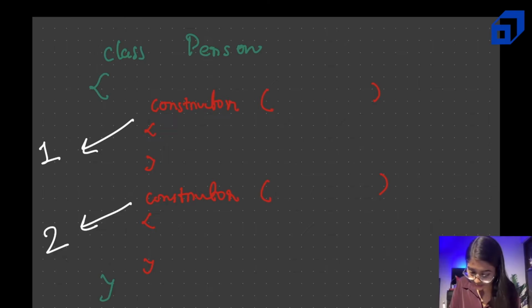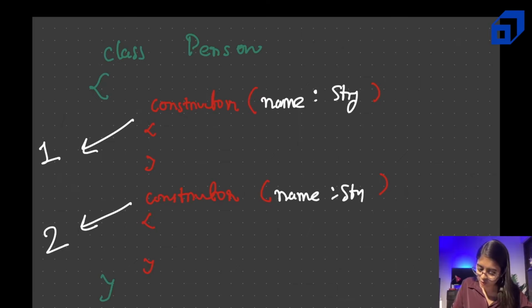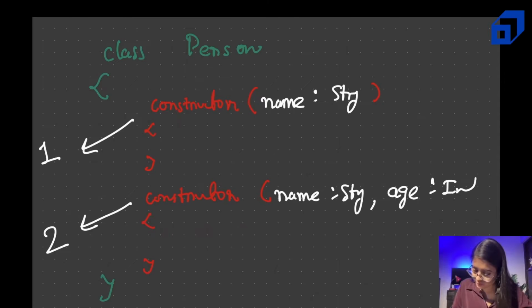So here I can have maybe one parameter of type string, okay, and instead of data, let me put eraser here, so I can write something more meaningful, name of type string. And I can also have one more data, maybe age of type int, okay.